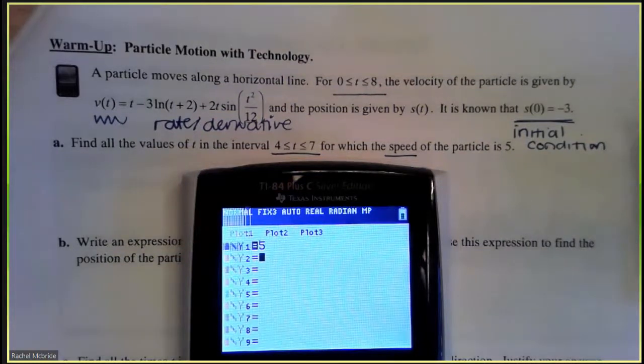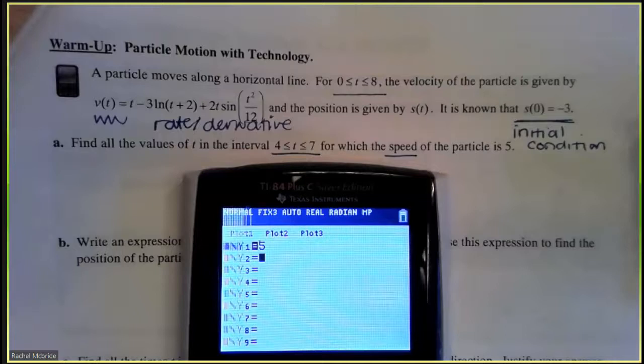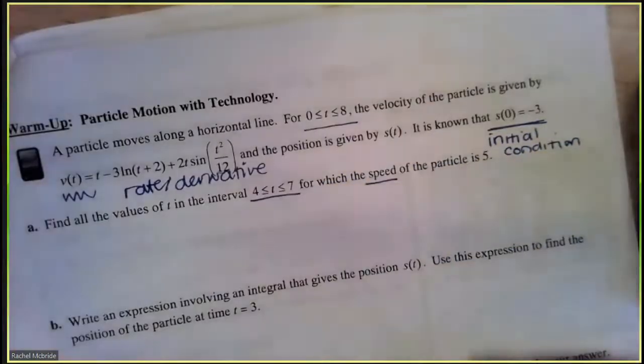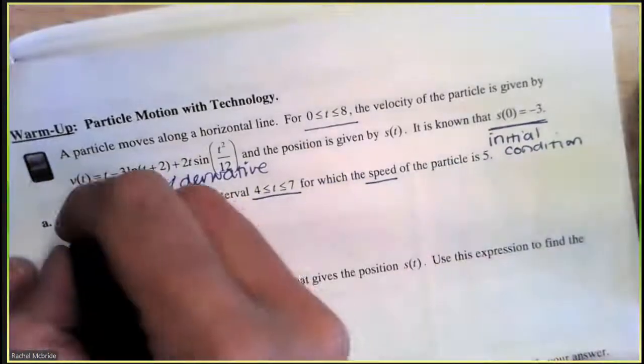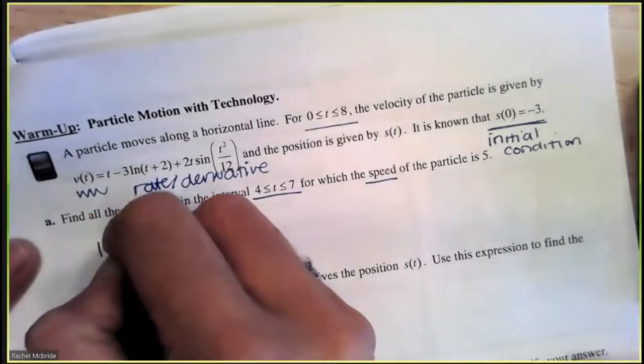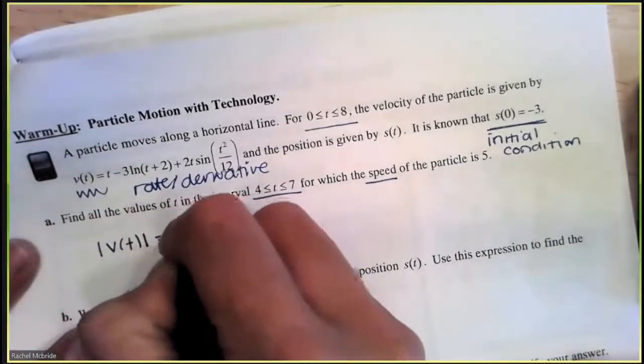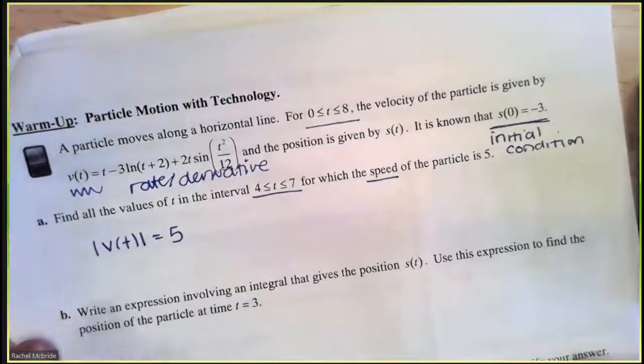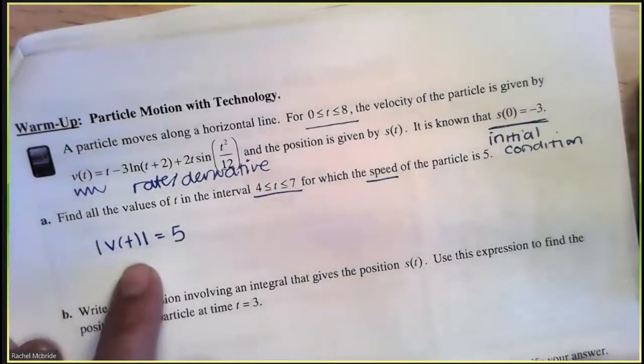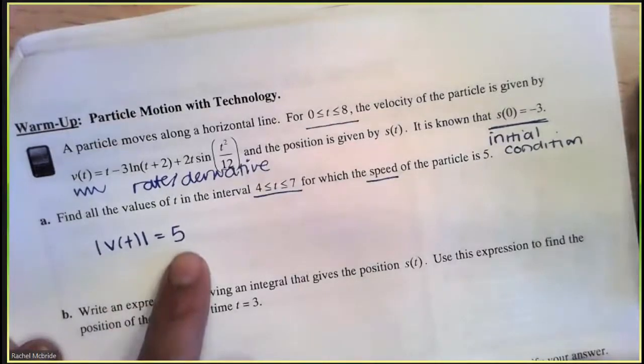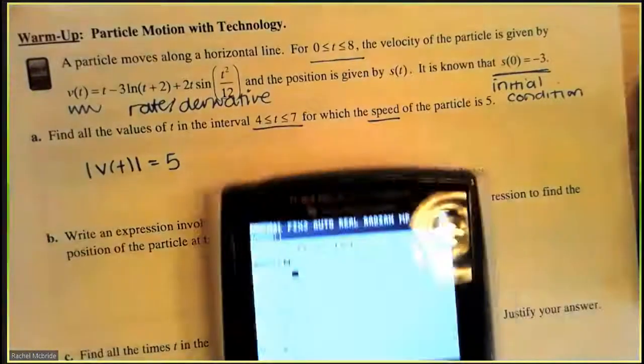Next, I'm putting in the absolute value of velocity because I need to find all the values in which the speed is 5. So I'm looking for the absolute value of velocity to equal 5. So I'm looking for points of intersection.